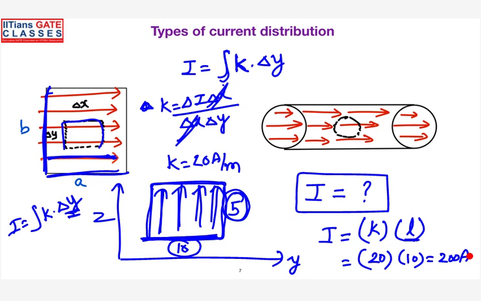Please get all the concepts clear, it is very important for understanding magnetostatics. Actually, it is really interesting, the magnetostatics part, if you ask me. Anyhow, this concept is clear, right? Surface current. Shall I move on to the volumetric current now?